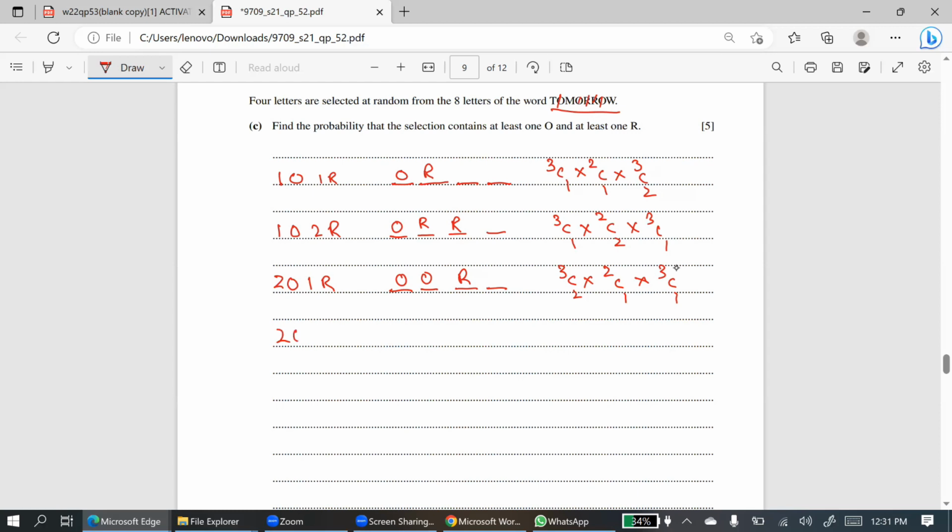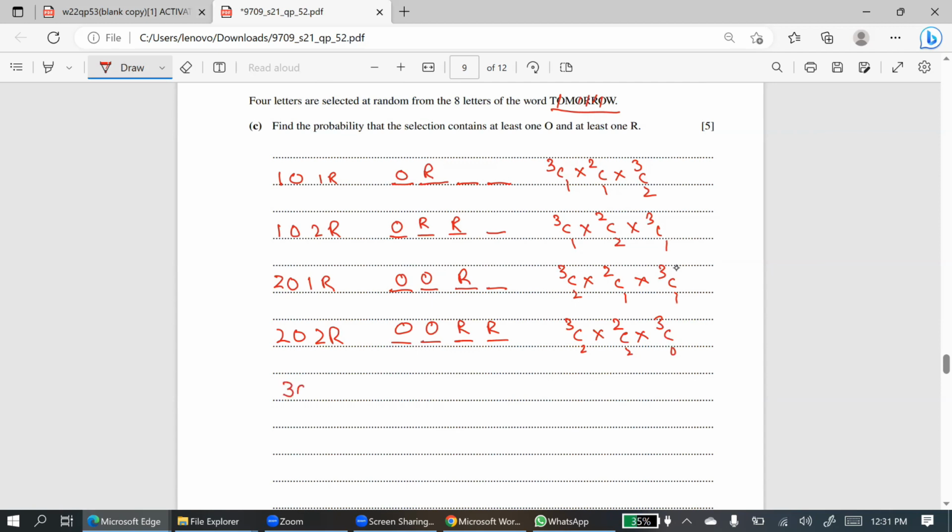Now 2 O's and 2 R's. Out of 3 O's, we will select 2. Out of 2 R's, we will select 2. And out of 3, we will select 0.